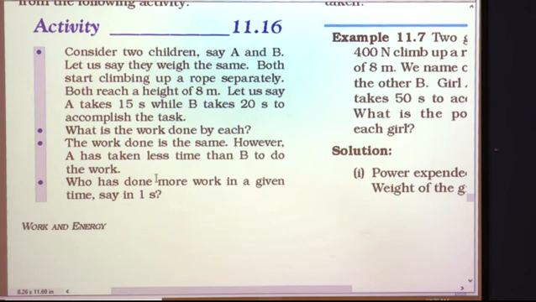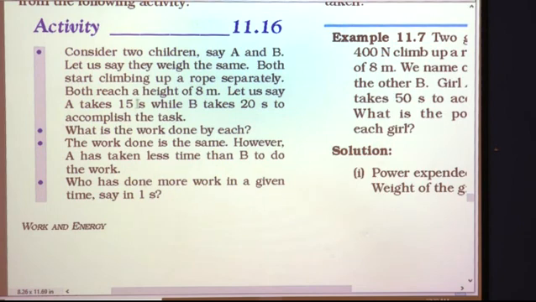However, A has taken less time than B to do the work, isn't it? A has taken just 15 seconds and B has taken 20 seconds to do the same kind of work. Who has done more work in a given time, say in 1 second? Definitely the person who takes less time to accomplish the work is doing more work in 1 second.